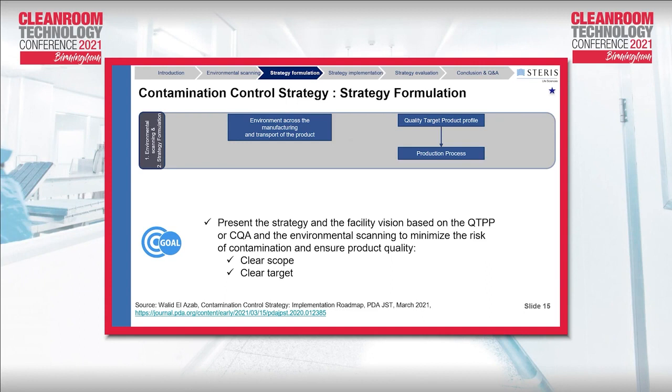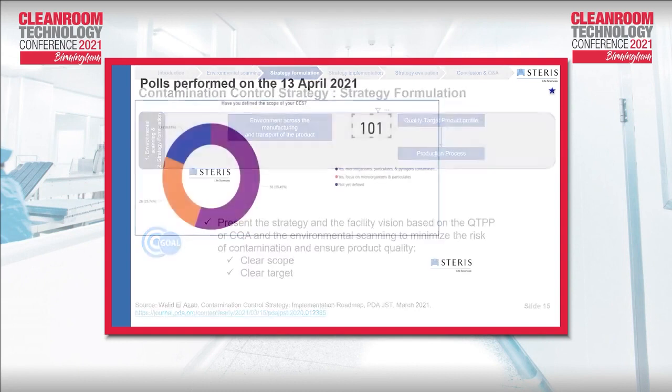If the CAPA is to train the person, is this improving my contamination control strategy? If not, I may need to look for a better CAPA, for example reviewing the process or adding new equipment. This is just an example, of course.